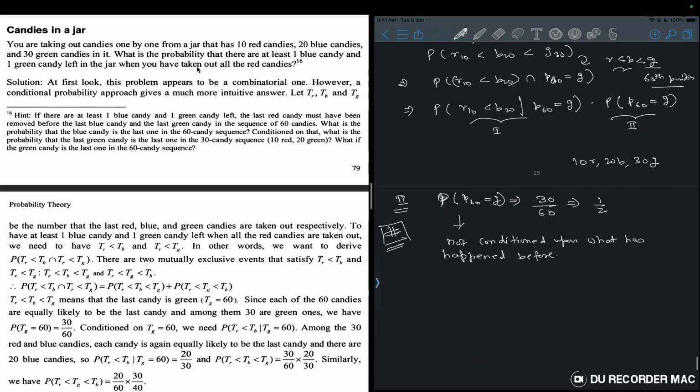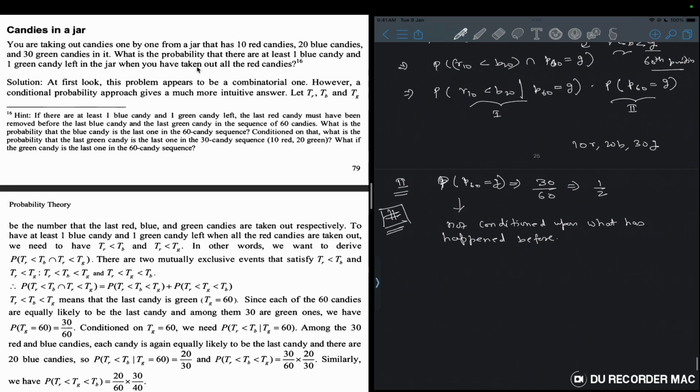So when they are asking what is the probability that the 60th position candy is green, we have no information about what the first 59 candies are. And therefore the answer would be simply the number of green candies upon the total number of candies, as each candy has equal probability of landing in the 60th position.